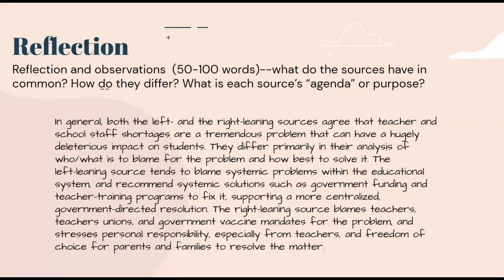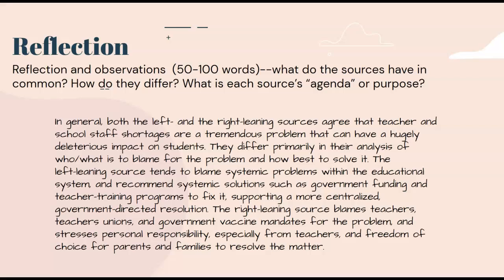In general, both the left and the right-leaning sources agree that teacher and school staff shortages are a tremendous problem that can have a hugely deleterious impact on students. They differ primarily in their analysis of who or what is to blame for the problem and how best to solve it.